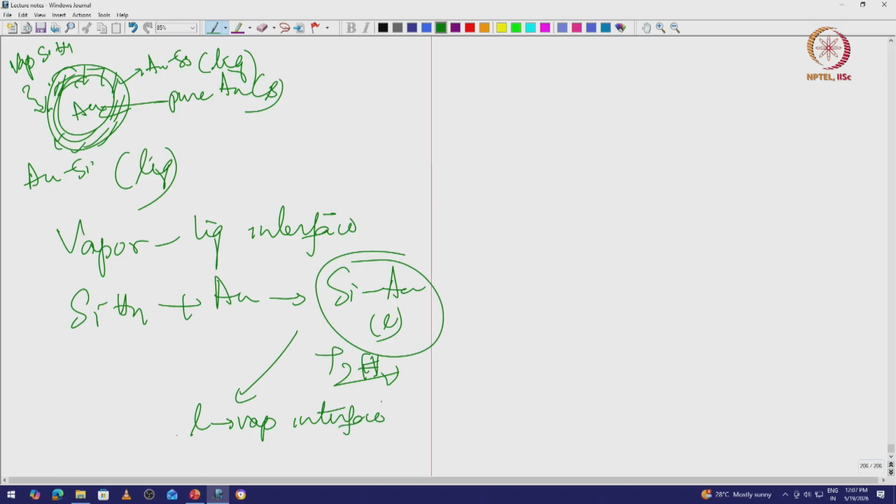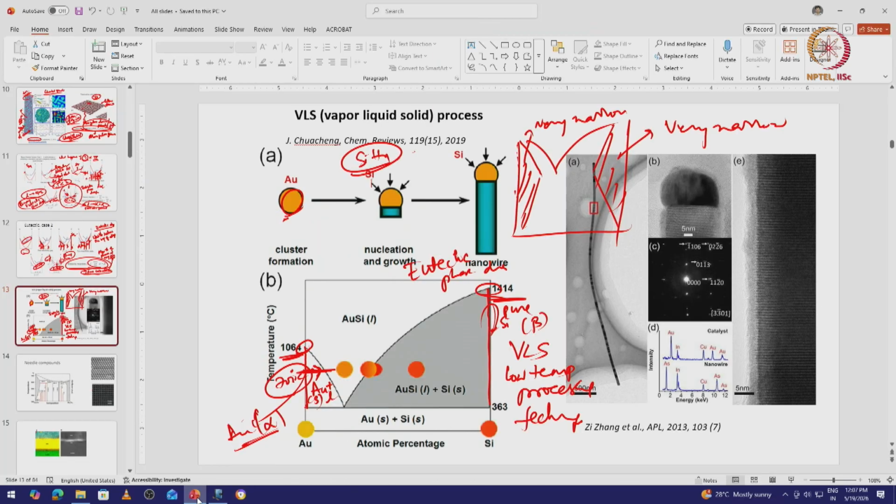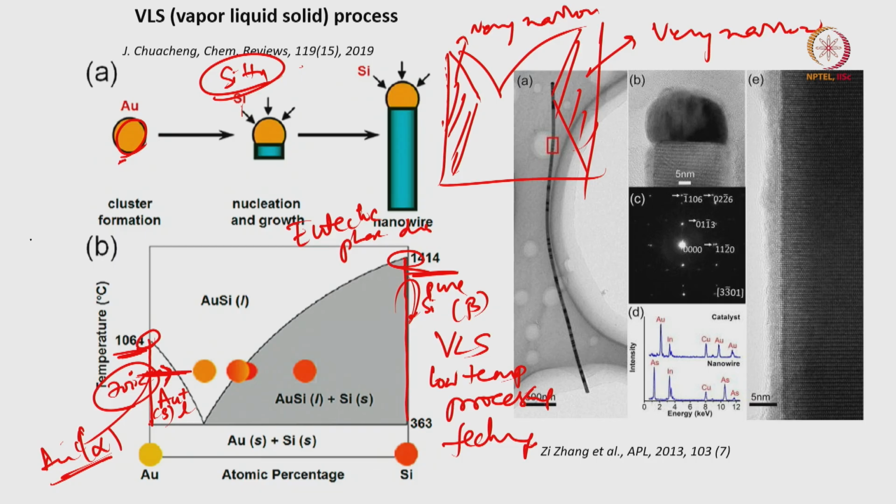Okay, alright. So as I keep on increasing my flux, the flux keeps on increasing, so I am coming in this arrow direction. I am actually moving along this direction now. In the liquid phase, I start increasing the composition of silicon, right.